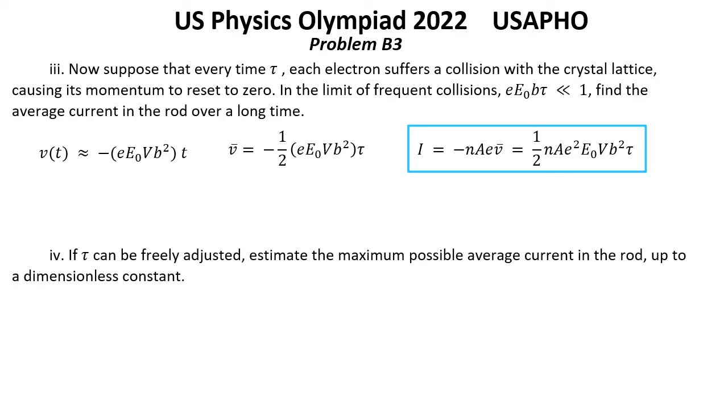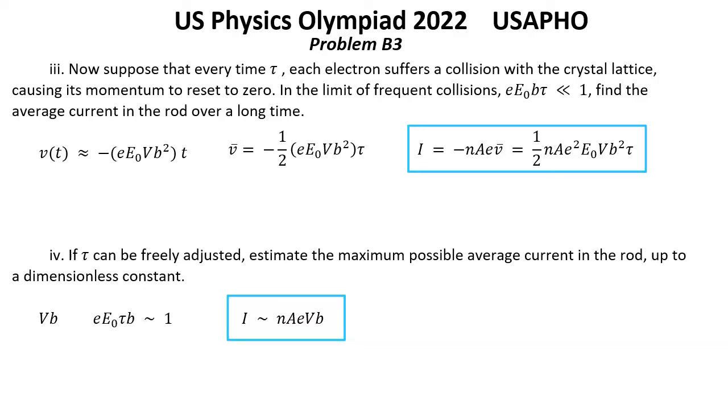Therefore the highest possible current occurs when the electrons have time to accelerate to a substantial fraction of the maximum possible speed V_B, but collide before their effective mass goes negative. This occurs when e multiplied by E0 tau b is of order 1, and that gives an average current of order n A e V_B.